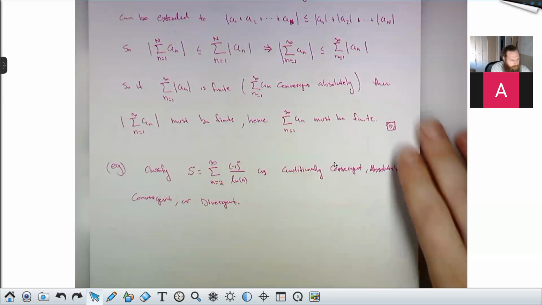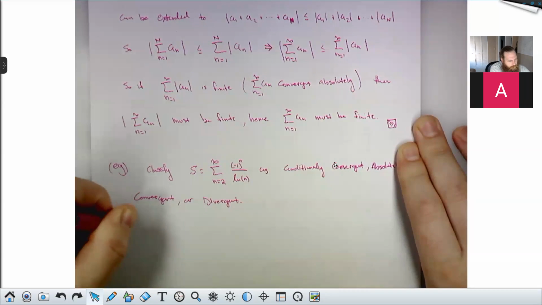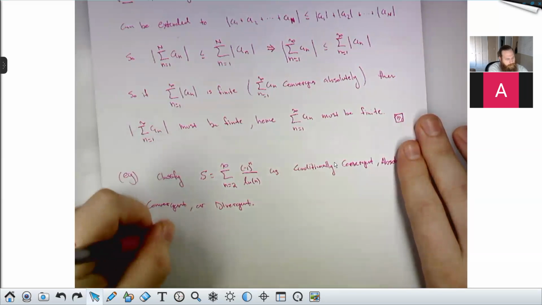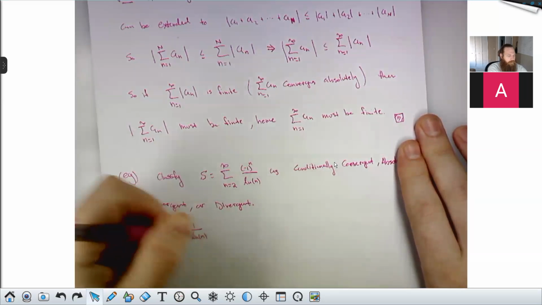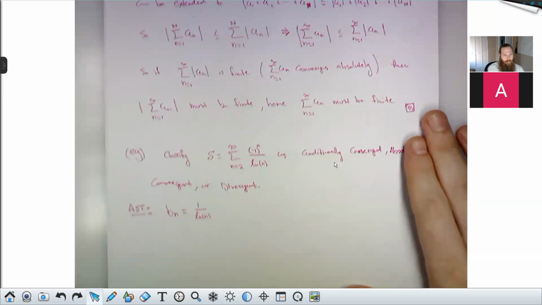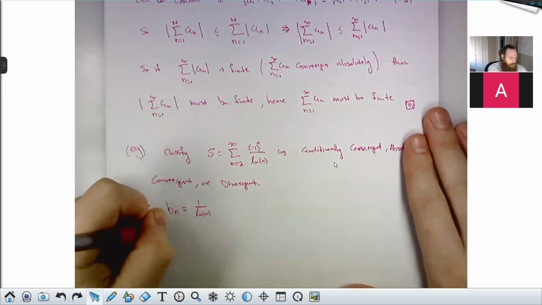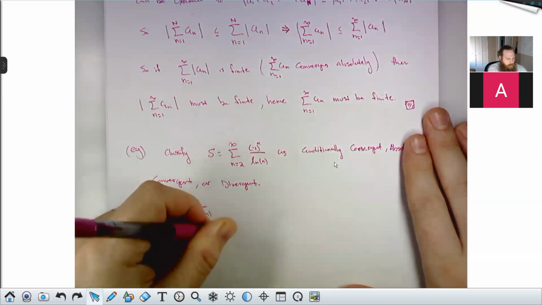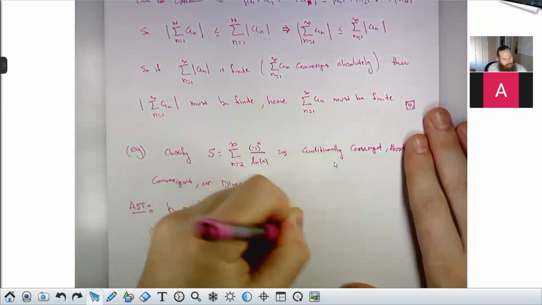Now, as it was given, it's an alternating series. So I would begin with the alternating series test. Here the bn's are 1 over the natural log of n. And the bn's are decreasing, because the natural log of n is increasing.